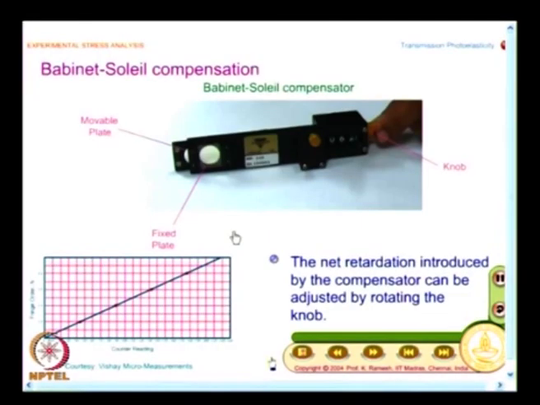So, the physics behind the Babinet's-Soleil compensator is I have a provision to adjust the effective thickness of the compensator. One could be positive, one could be negative, there are many combinations possible, one could be tapered. So, essentially what you are doing is you are trying to adjust that fractional part, so that at the point of interest the model behaves like a full wave plate, and this is very interesting.